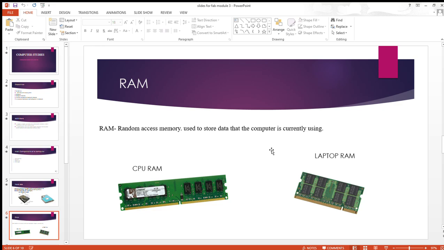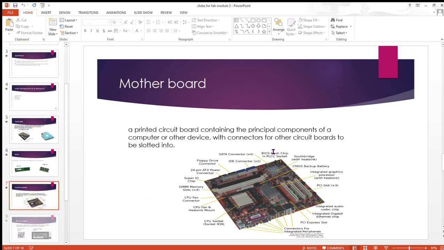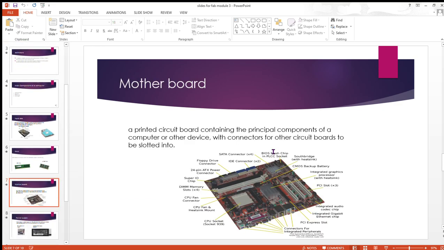The first one is for the CPU, for those using desktops. It's larger in size compared to the laptop one. The laptop one is small in size, but they all have one main purpose: to allocate memory to programs running on the computer.